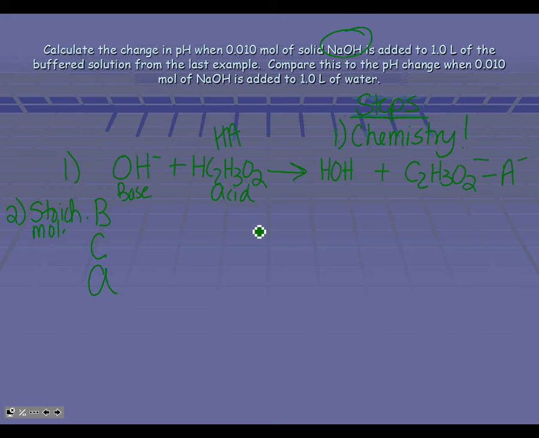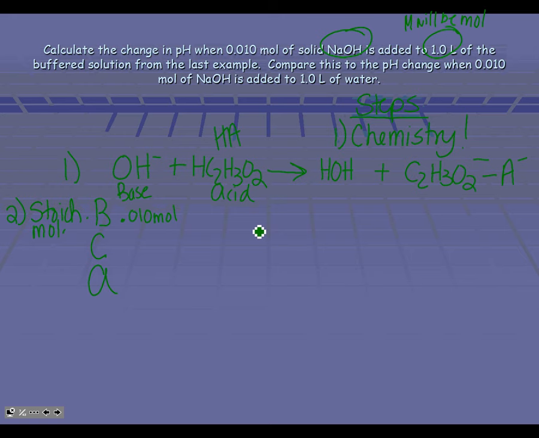If you notice in this particular problem, everything is 1 liter. The great thing about when everything is 1 liter is that molarity will be moles, so we don't have to do any extra math. They told us how much hydroxide we're going to add, which is 0.010 moles.